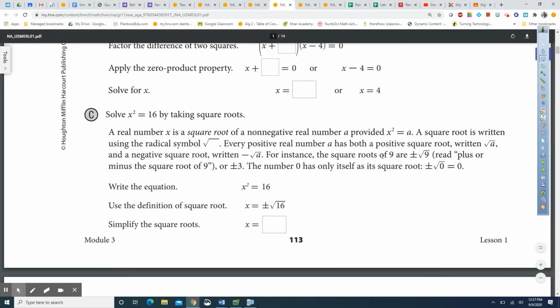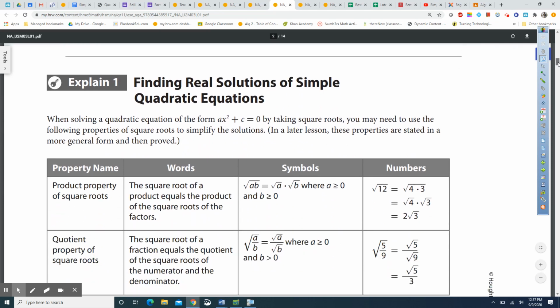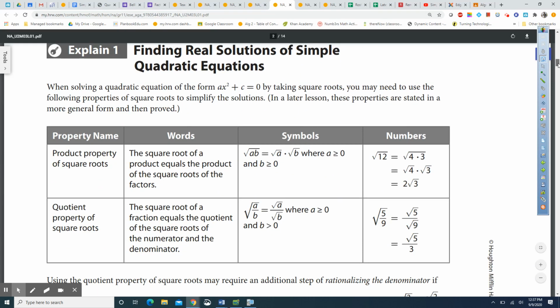Let's look at a few more things that the book has given us. To solve by square roots, they do a review on simplifying radicals, or square roots in this case, refreshing our memory that you would leave that as 2 times the square root of 3, or 2 root 3, is how you would say that. Not a decimal. That's not the same.